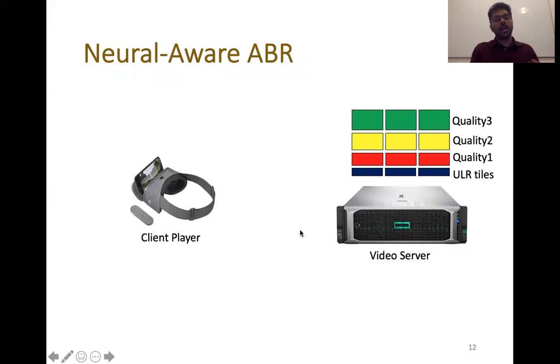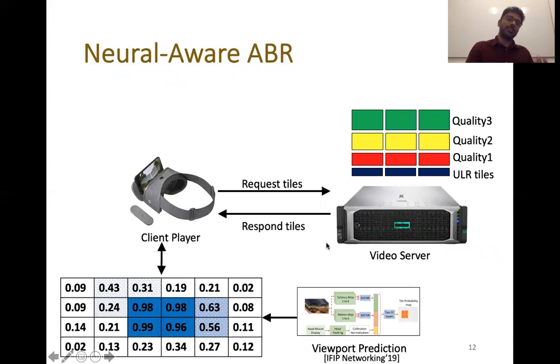And our client typically requests these tiles, and the video server responds with the requested tiles. And in a typical video adaptive streaming system, we provide these tile probabilities. In our work, we use off-the-shelf video viewport prediction techniques to input these tile probabilities.